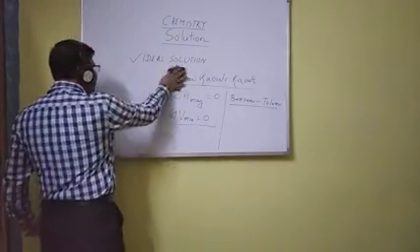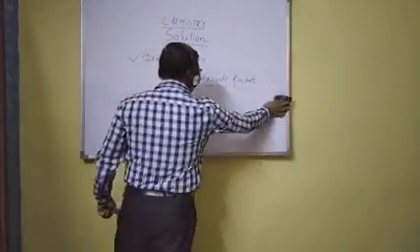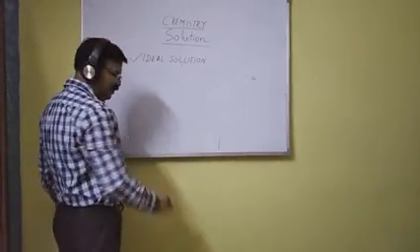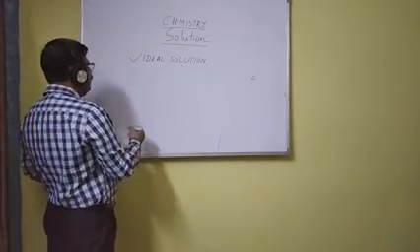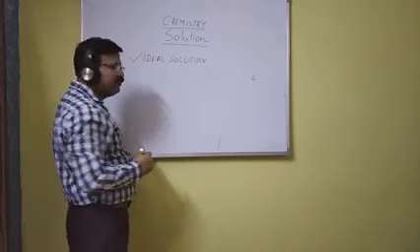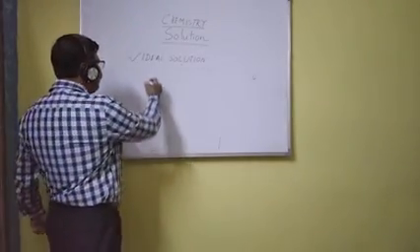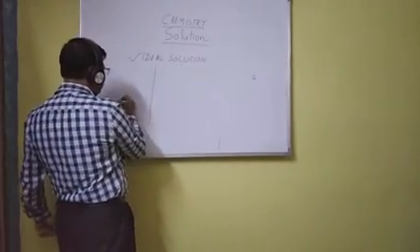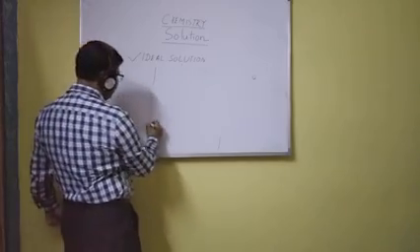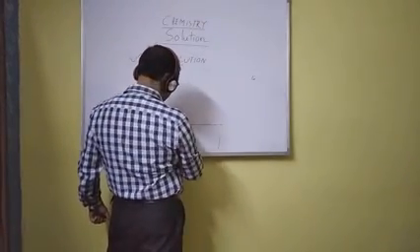Now, in case of ideal solutions, if you think carefully, total vapor pressure, we can explain this way with a graph. If you plot vapor pressure on one axis, and on another axis I am taking mole fraction.